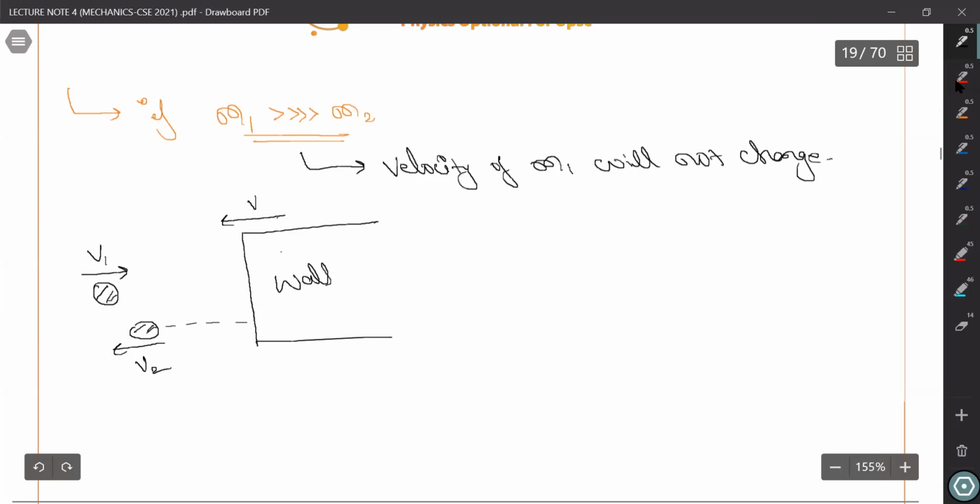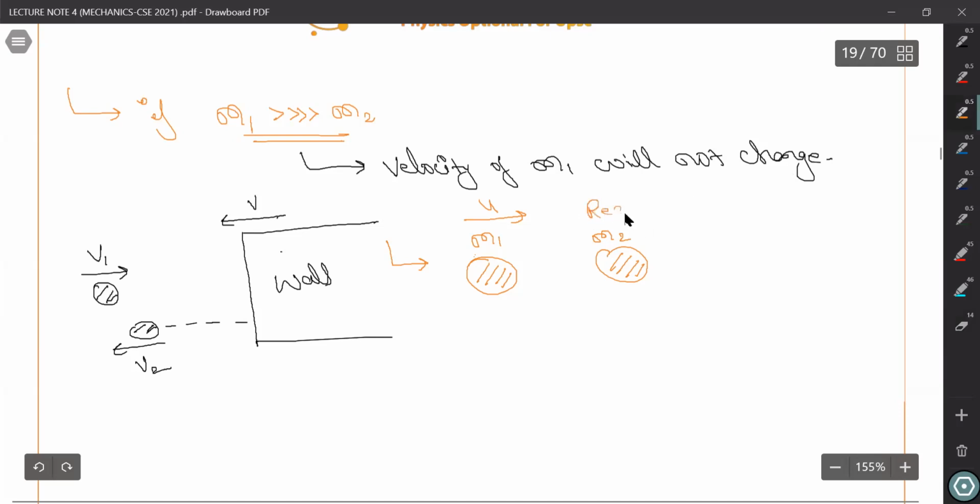so if m1 is greater than m2, in this case, this is m1 and it is moving with u, and m2 is at rest.